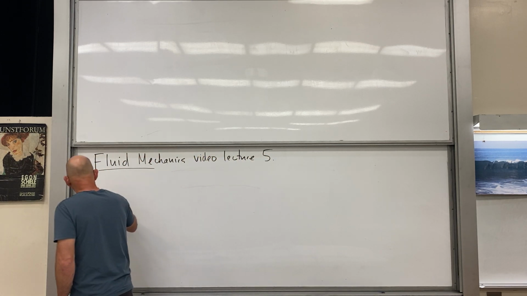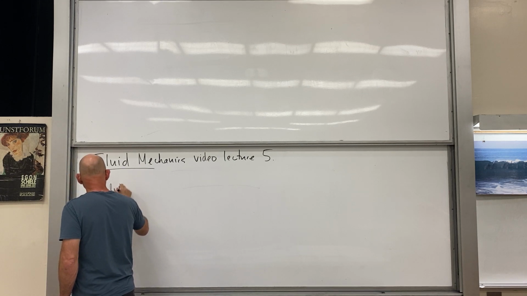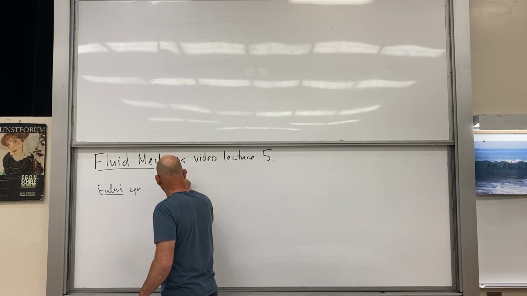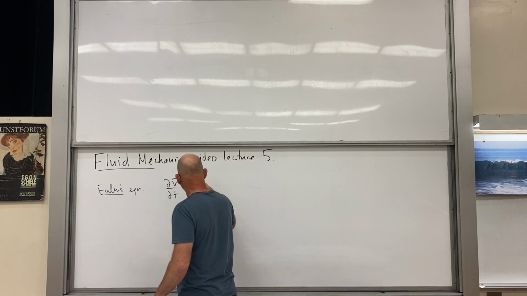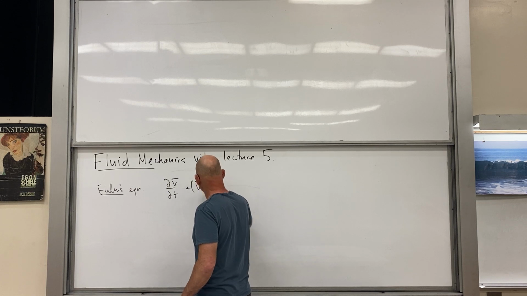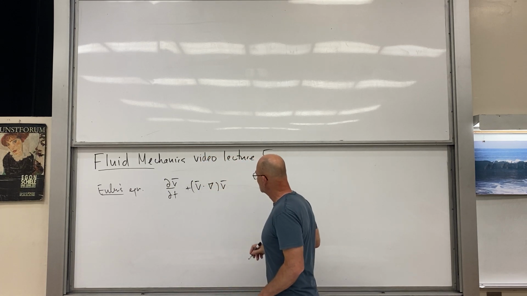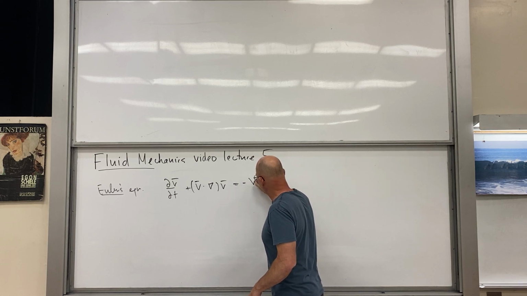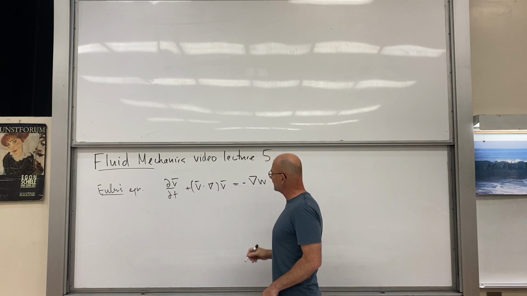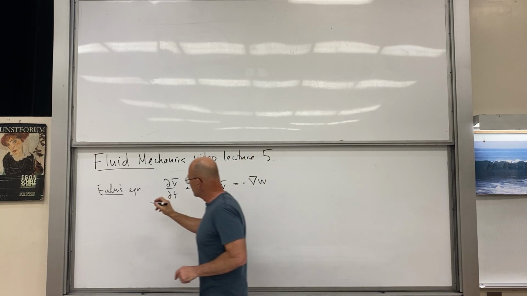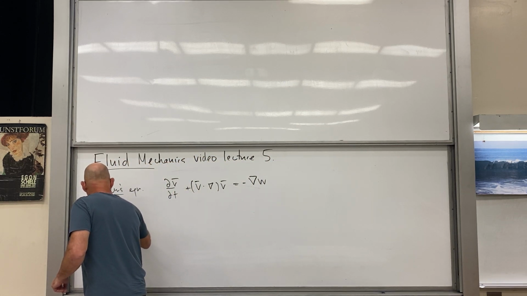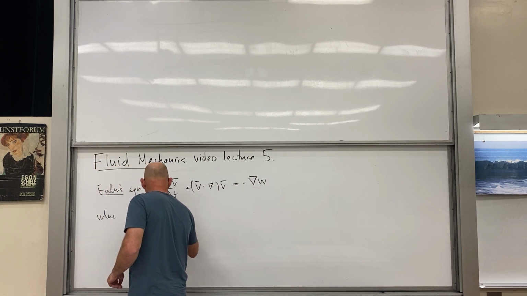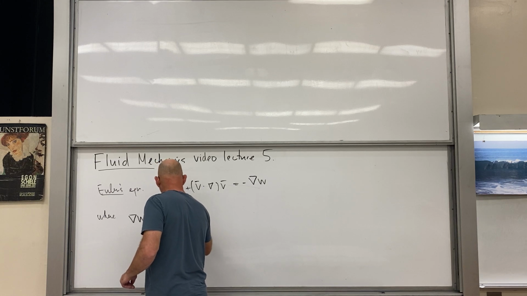So we have Euler's equation looking like it did before, v dot gradient v, but now instead of, well, just write, we have minus the gradient of the enthalpy, where gradient W is equal to 1 over rho gradient of pressure.